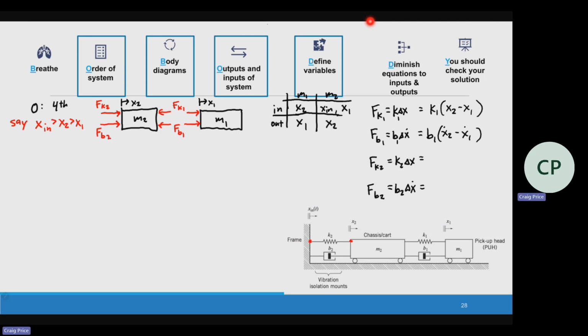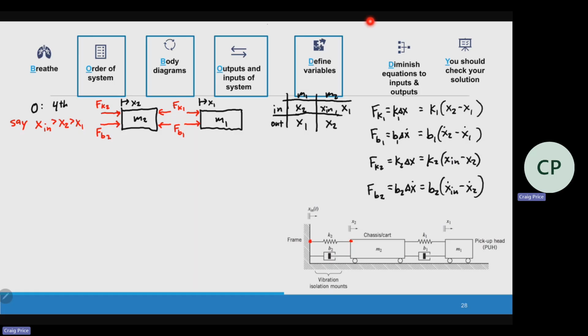Let's move on to FK2. K2 times what minus what? Greater minus lesser. Yes, Xn minus X2. And then for the damper, same thing, but with velocities.